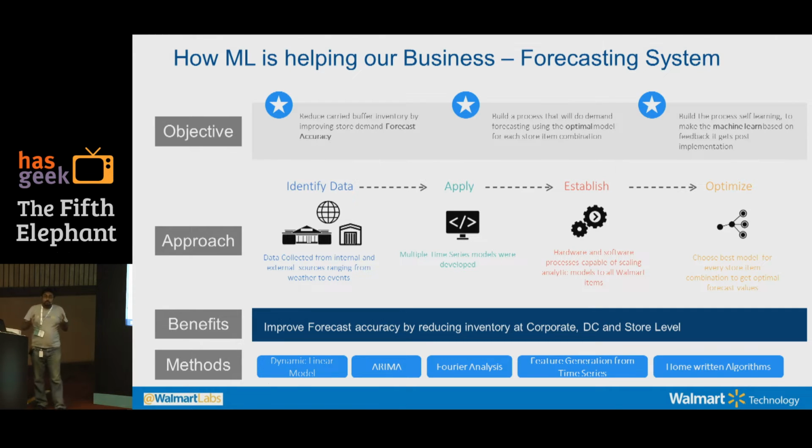It's not always good to create lots and lots of buffer inventory. If we have inventory which is not getting sold, it's actually taking up shelf space of items that the customer wants, and we are not able to meet the customer demands because we have inventory of an item which is not getting sold. So we needed to build algorithms that do store item level accurate forecasting as much as possible.